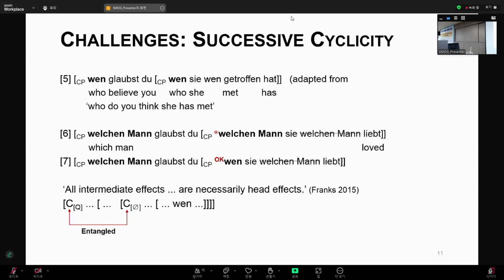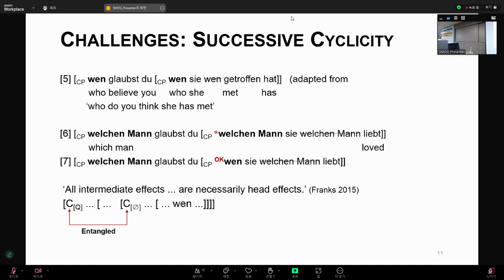Instead, it must be occupied by what is called the WH expletive. So based on this kind of data, Frank 2015 proposes that all intermediate effects are in fact head effects, not phrasal effects. And then to account for these head effects, he proposes an extremely vague notion of entanglement.